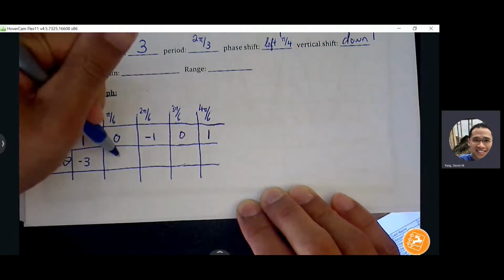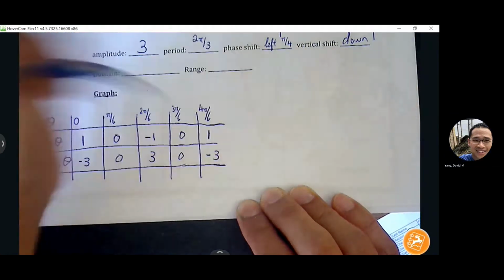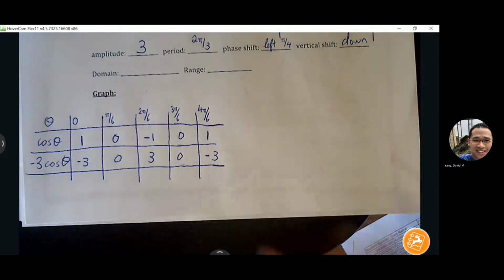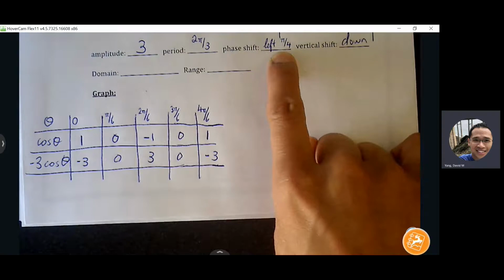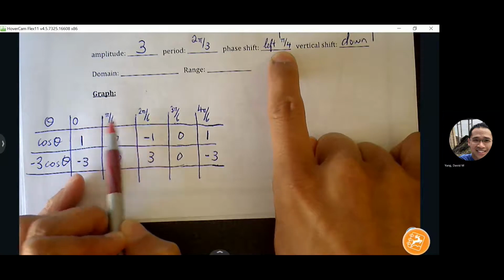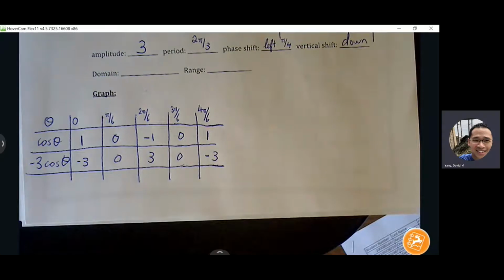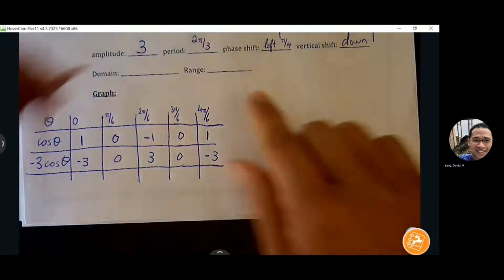Pi -3. Adjust for your phase shift, left. You got to go, what do you do to go left? Subtract. Subtract.